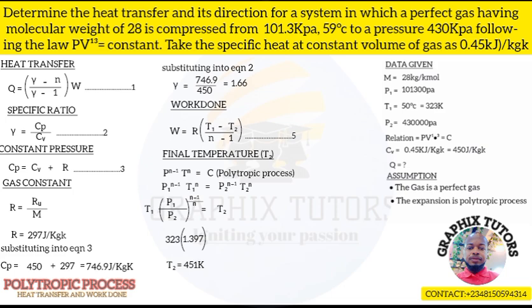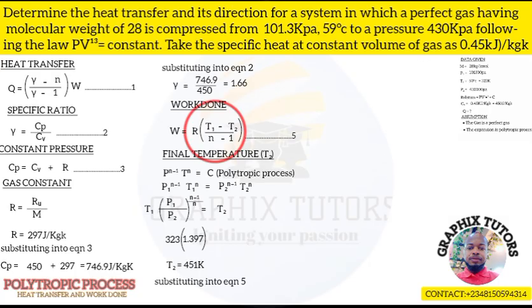So now we can input it in our equation 5. In doing that, my work will be given by the gas constant R, which is 297, multiplied by T1, which is 323, minus T2, which is 451, all over n minus 1, where n is 1.3.